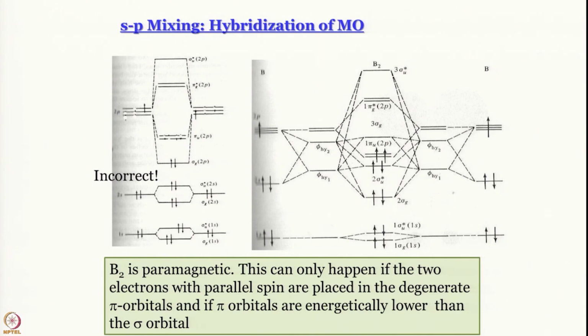I actually wanted to show you a very recent paper on B2, unfortunately I forgot it. Maybe in one of the next classes I will just flash it, but the moment is gone, I should have shown it now. There is a paper published on this as recently as 3 weeks ago in one of the most reputed journals of chemistry. This is from the Indian Association for the Cultivation of Science.